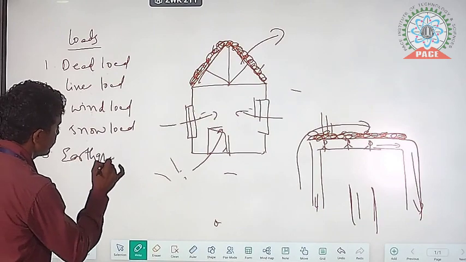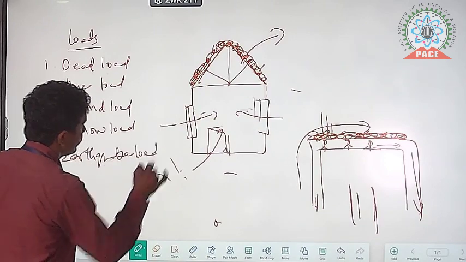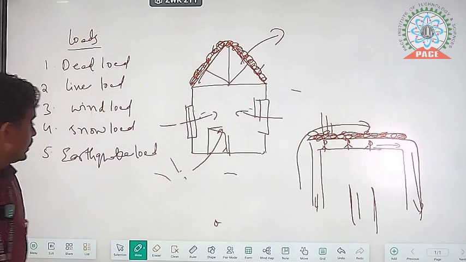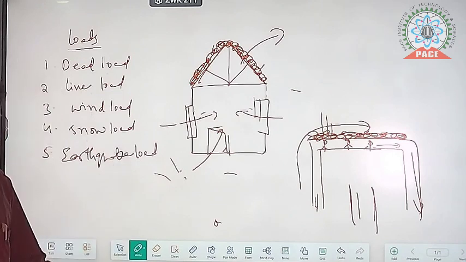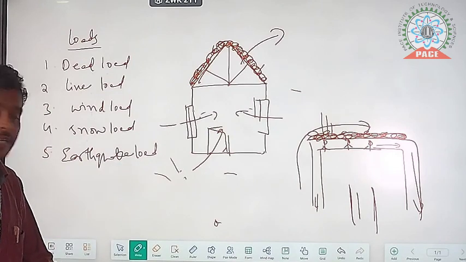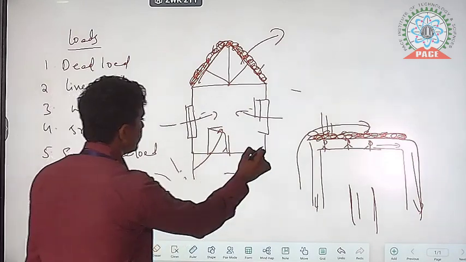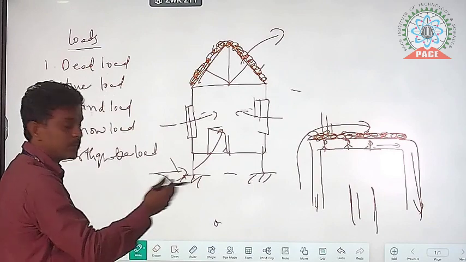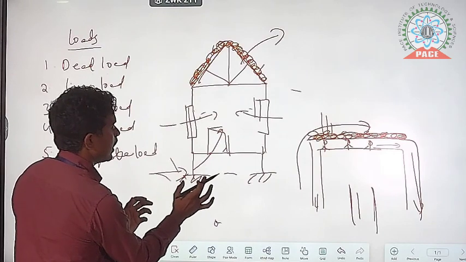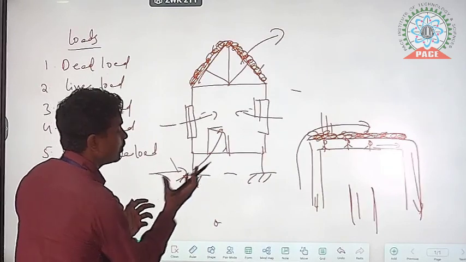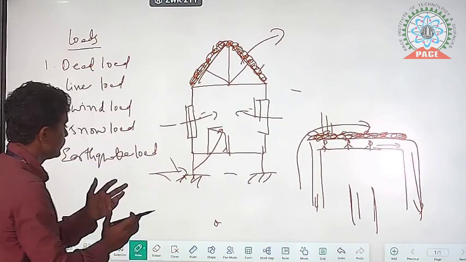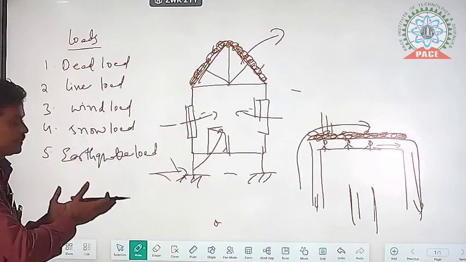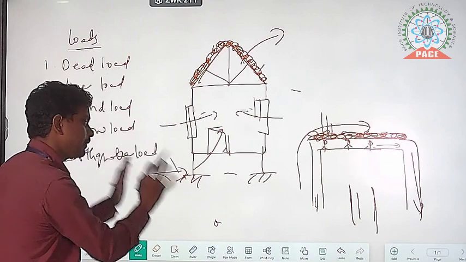Due to tectonic plates moving at the bottom, these columns also may get problems. That is due to the earthquake only. So we have to consider the earthquake load also. We have to consider all these loads, and only then design the structures.